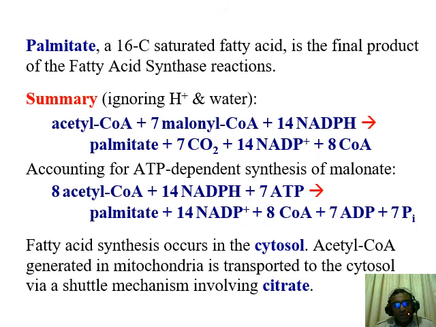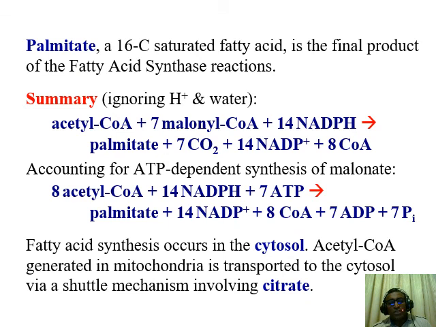Something which has been highlighted at the bottom is the issue where the acetyl coenzyme A is mostly found in the mitochondria. However, fatty acid synthesis happens in the cytoplasm, so how does the acetyl coenzyme A found in the mitochondria need to be brought out from the mitochondria to the cytoplasm?